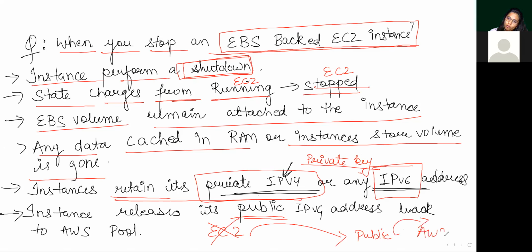Getting it? Where all the addresses are kept is known as AWS pool. In this, all the data is there. So once your EC2 instance is closed, they will send back that address or the network to the AWS pool so that somebody else can use it. So it happens, right? Try to understand.